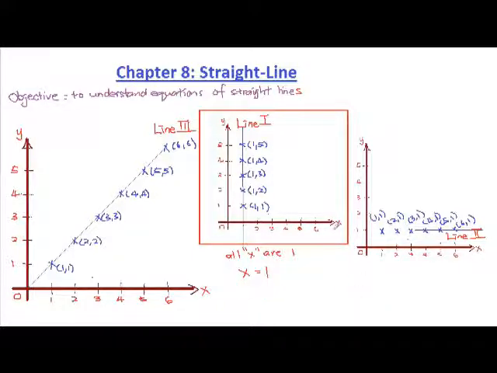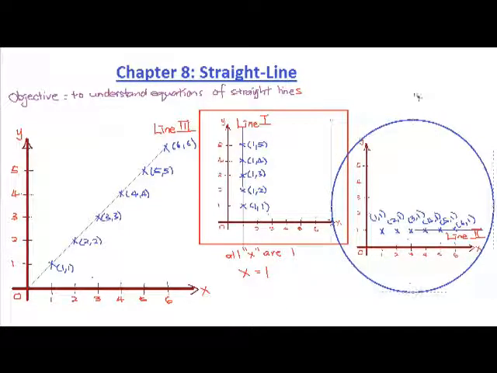Now let's look at the right graph. When we inspect the coordinates, we can see that the y value of every single point on line 2 is equal to 1. So it can be written as all y are 1.